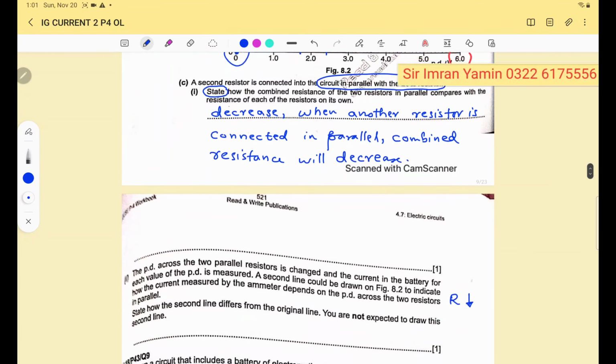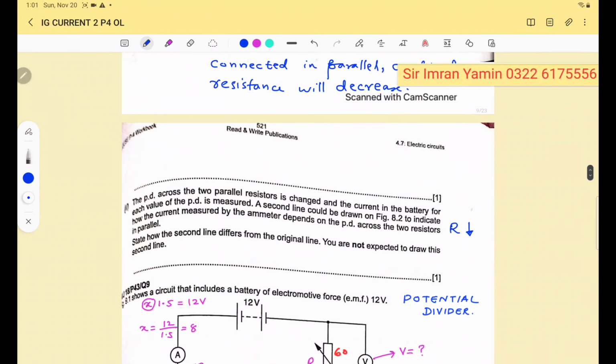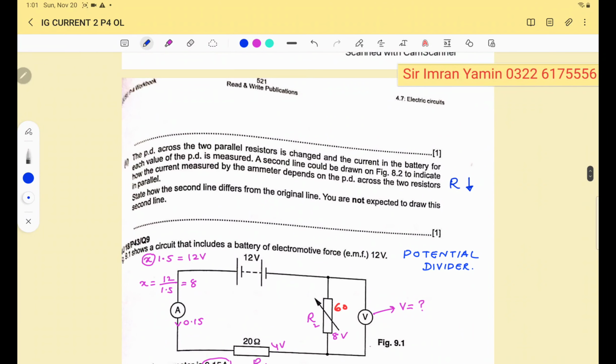So I should write its greater gradient, because they are asking only to state. No need to describe, only state. So the answer is greater gradient. And when the gradient increases, we can write the gradient is steeper.